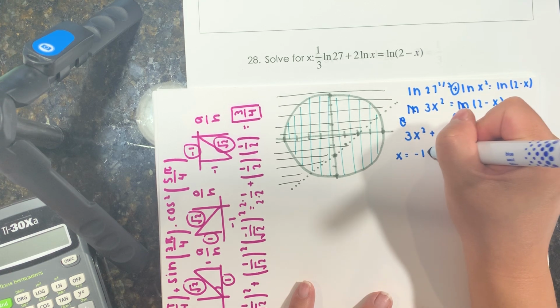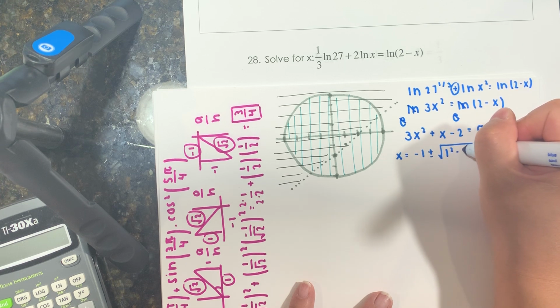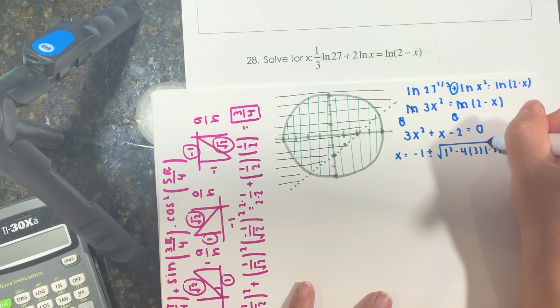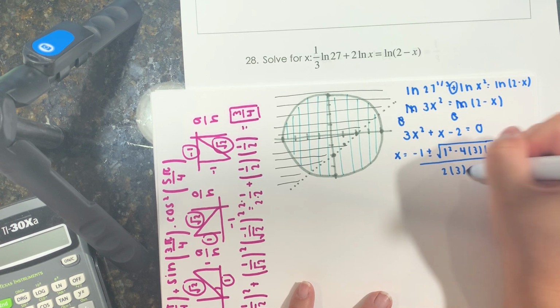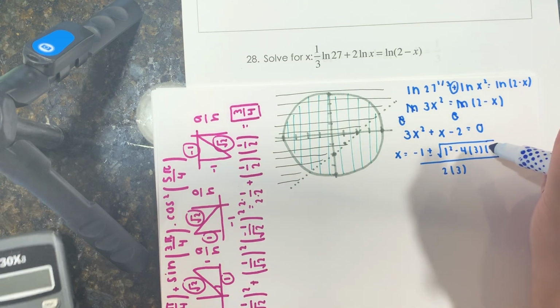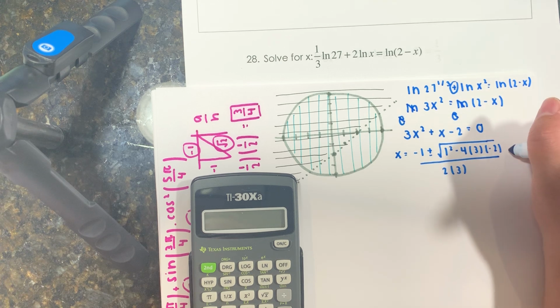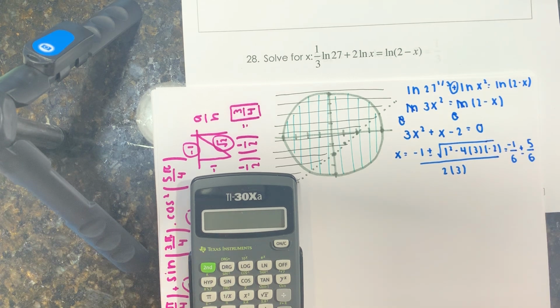So x equals negative b plus or minus the square root of 1 squared minus 4 times 3 times negative 2, all over 2 times 3. So this would turn into 1 plus 24, which would be 25. So really I have negative 1/6 plus or minus 5 over 6, because the square root of 25 is 5.